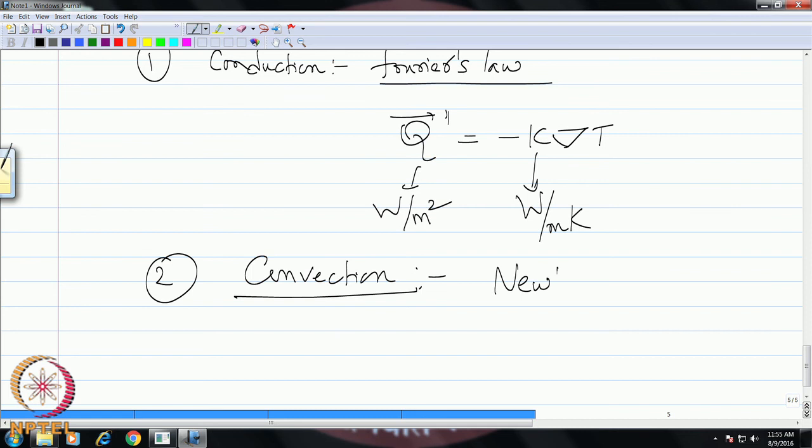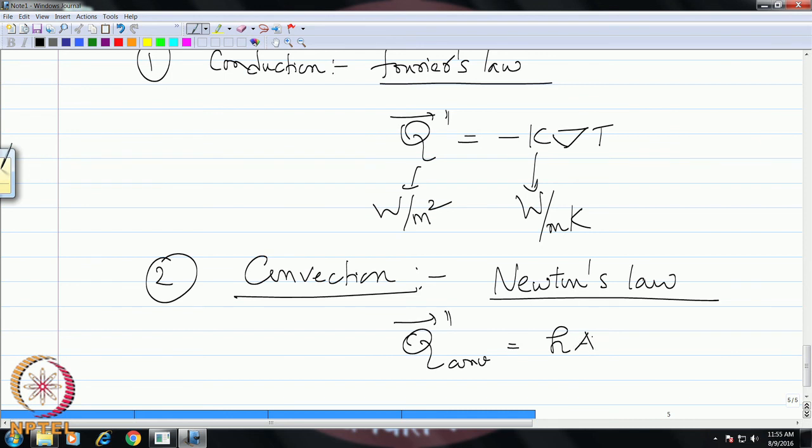So, you have Newton's law of cooling, which states that Q convective is equal to H A, or in terms of heat flux, H into (T surface minus T infinity).